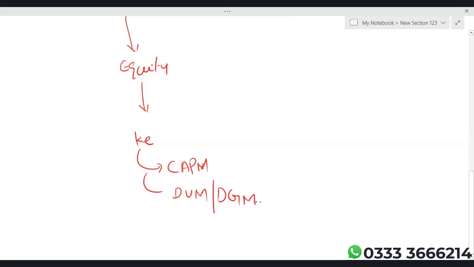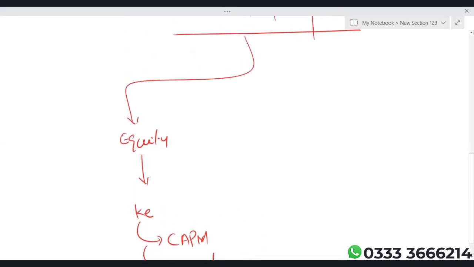So if an entity raises the finance in the form of equity, it is calculated using CAPM. Another way is DVM. Second, if an organization raises the finance in the form of debt, then the cost is KD(1 minus T). Why KD(1 minus T)?